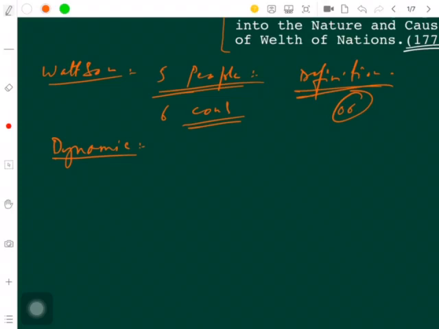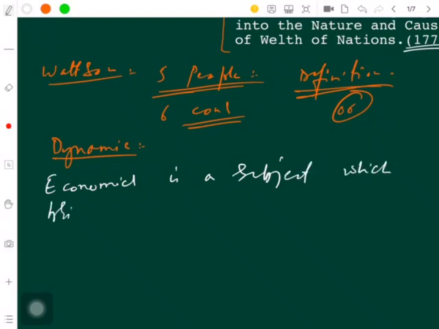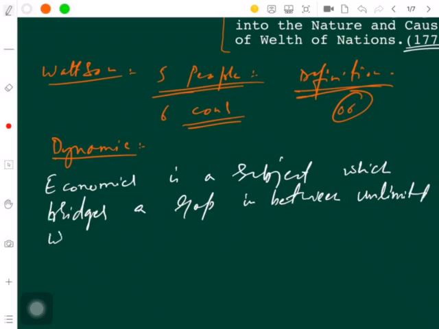But before we come to the definitions of economics, I'll take the basic definition of economics. The basic definition of economics says economics is a subject which bridges a gap in between unlimited wants and limited resources.